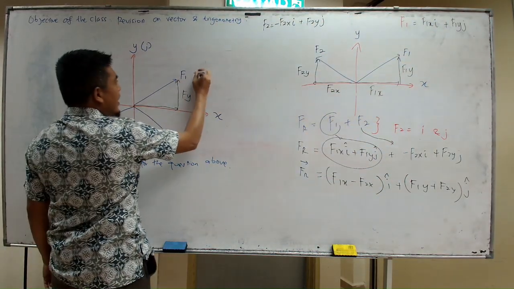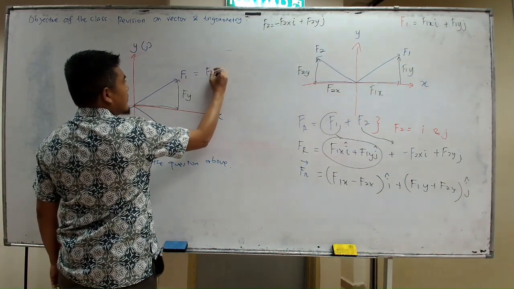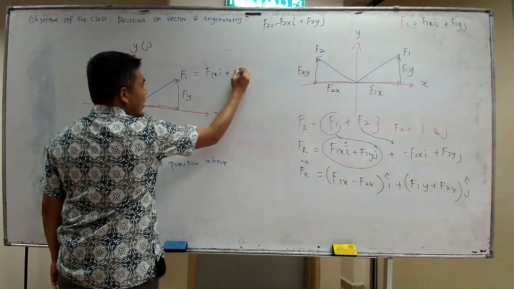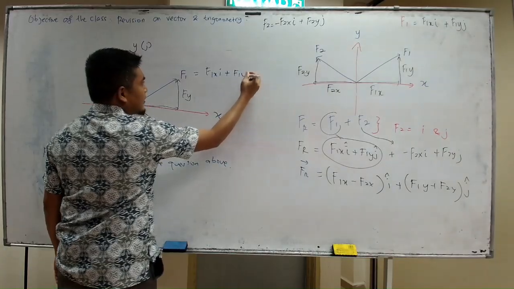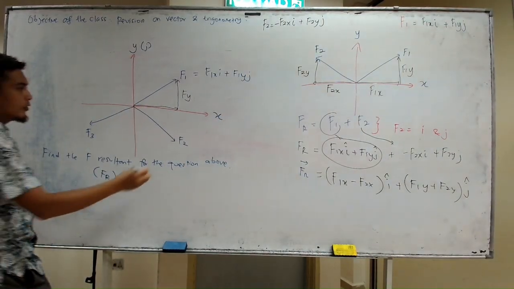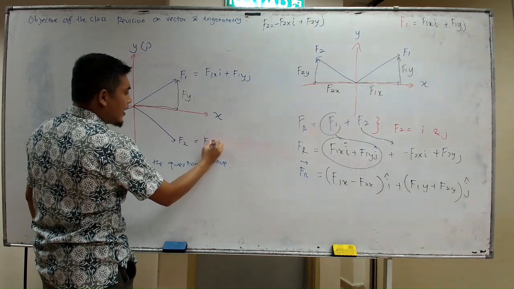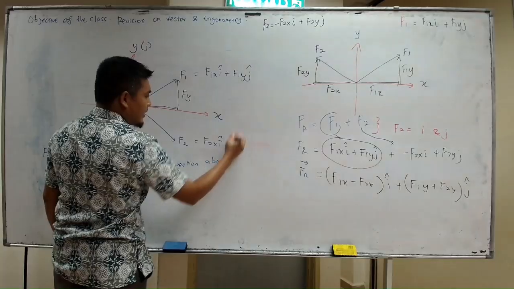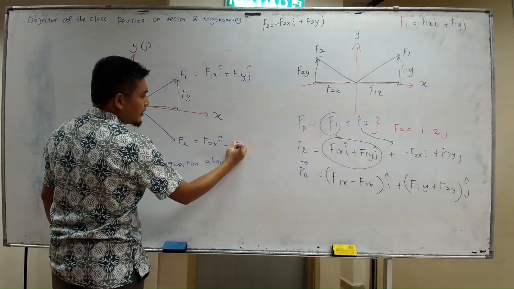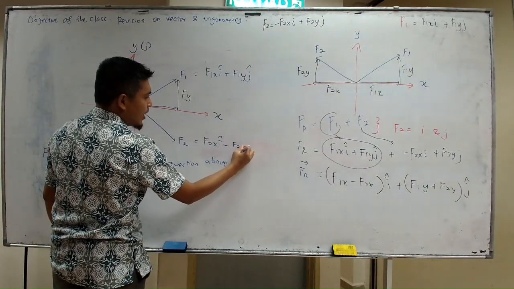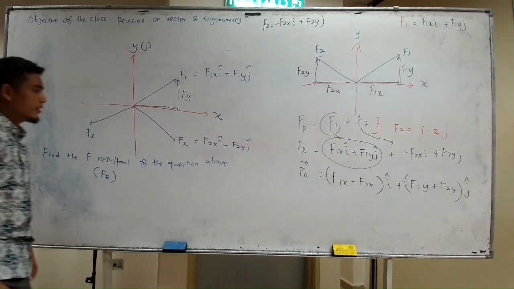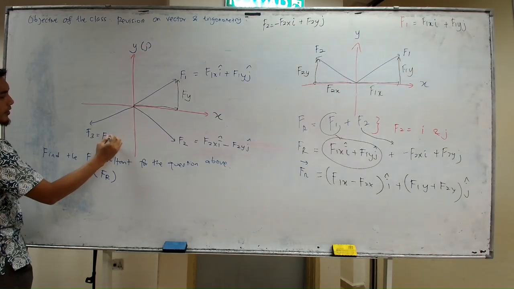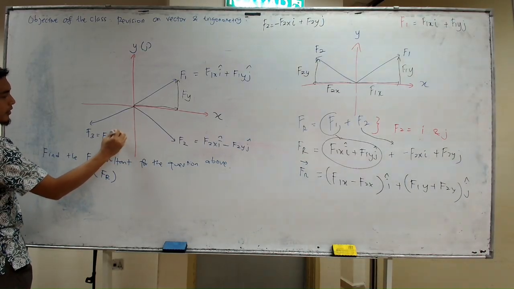So it means that F1 is a combination of F1X i plus with F1Y j. F2 is F2X i and then minus F2Y j. This one F3 is F3X negative, right?